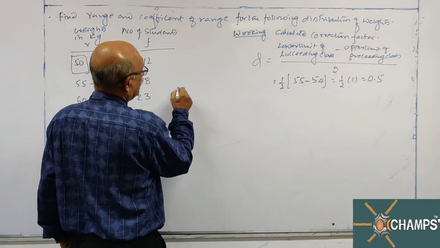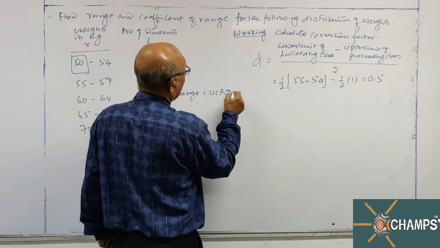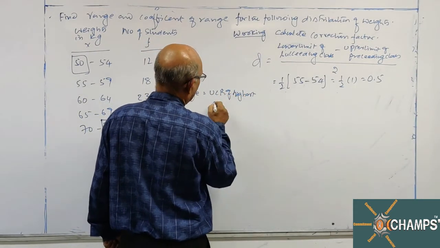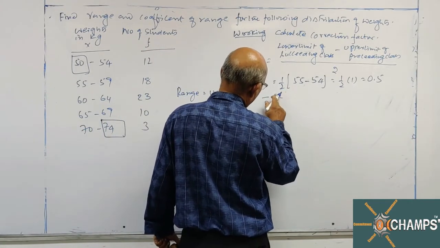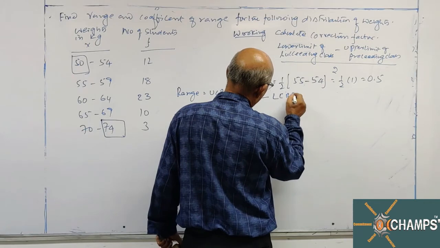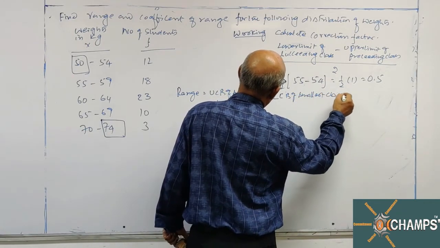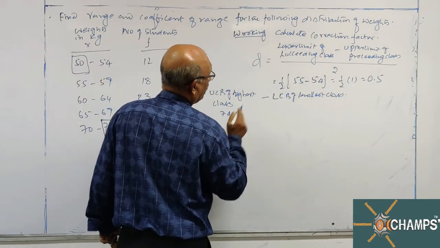Look at this. Range is equal to upper class boundary of highest class minus lower class boundary of smallest class.